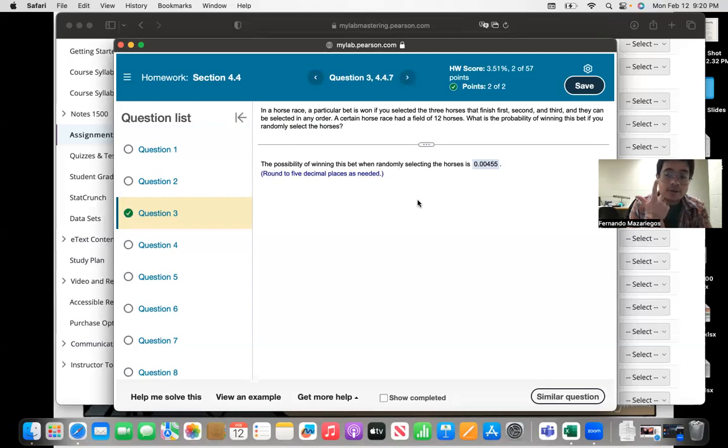And this is a combination because the order does not matter. How do we know that? The problem is telling us they can be selected in any order. So if we select the three horses in either order, as long as they are the top three, we are winning this bet. After we do that, we use the formula and round correctly and get our result.